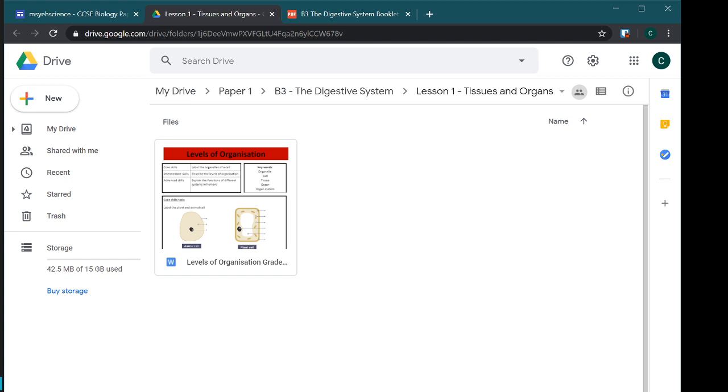A lot of it you should already have background knowledge on, not just from doing it at GCSE, but from things like primary school, or in year 7, you did cells, a little bit in year 8. That should all be as a refresher.